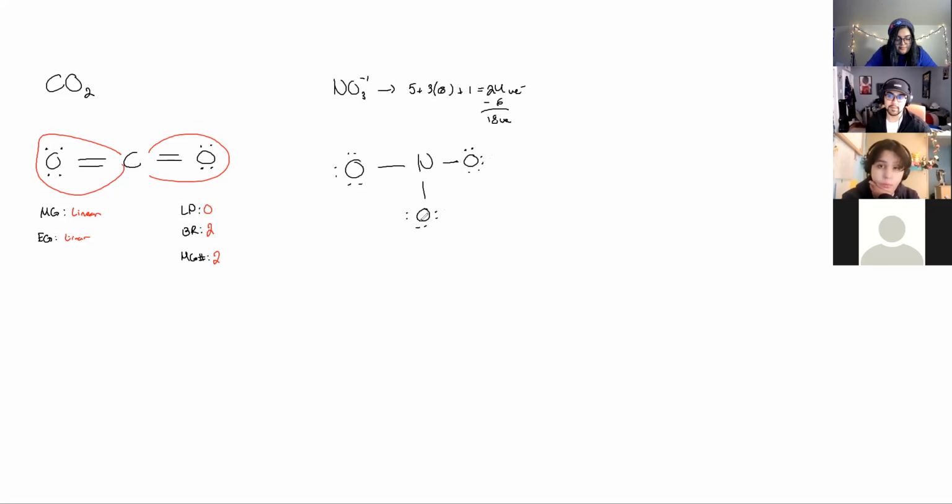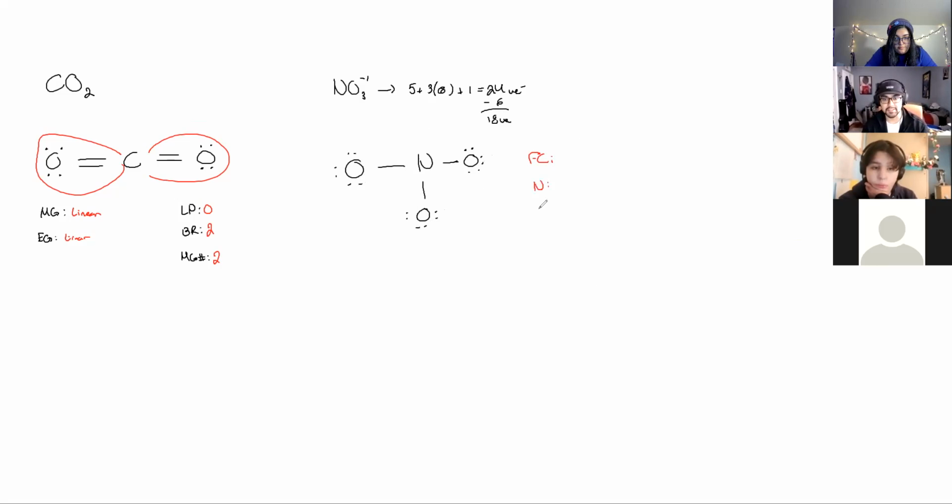Now, is this the most stable structure I can get? No. What do I have to do? Add another bond to oxygen. But first of all, let's determine our formal charges before we do that.